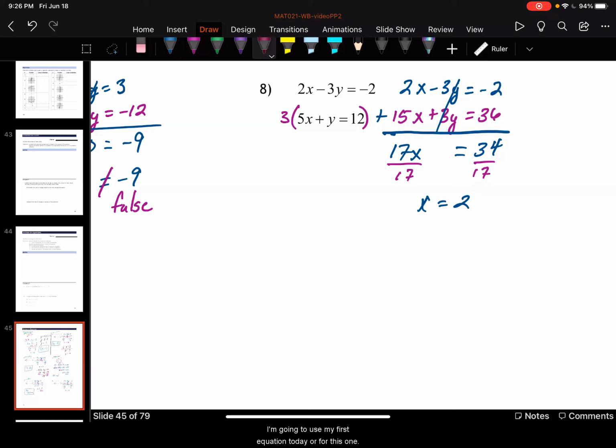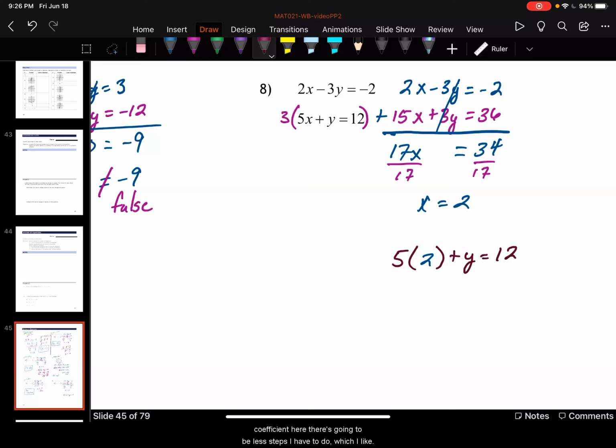I'm going to use my first equation for this one. Actually, no, I think I'm going to use the second equation since y doesn't have a coefficient. So we would have 5 times the quantity 2 plus y equals 12.